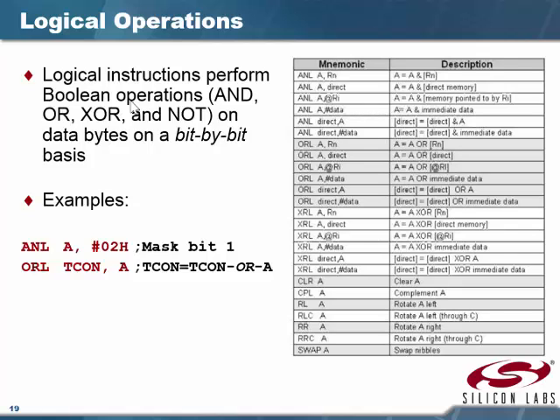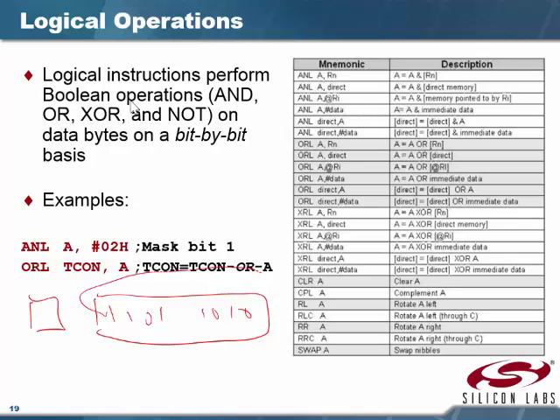All you're going to do is take a number, and you've got 2 flavors of that. One is through the carry, and one is ignoring the carry. So treat the carry as a 9th bit. If we've got 1, 1, 0, 1, 1, 0, 1, 0, for example, and we do a rotate left, that means we take this bit and rotate it around.